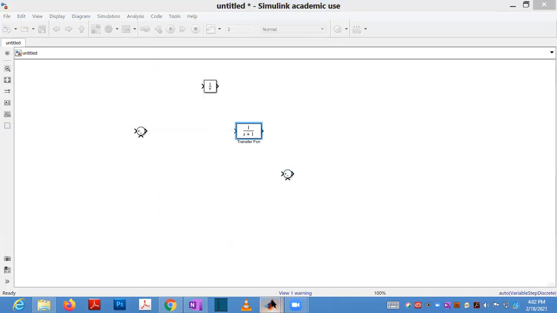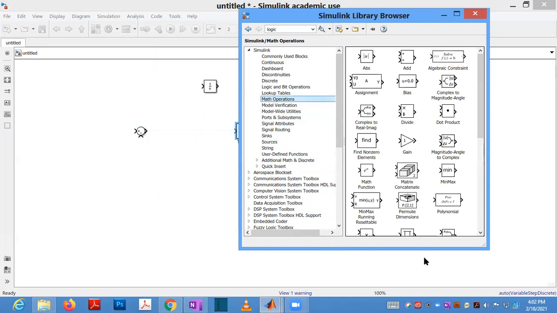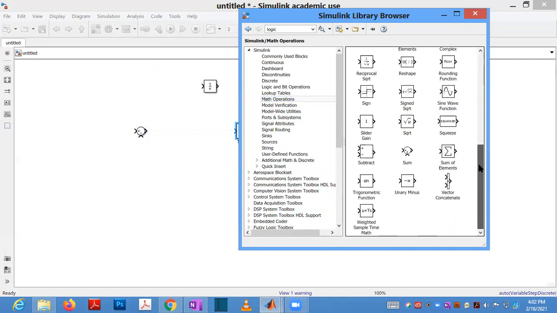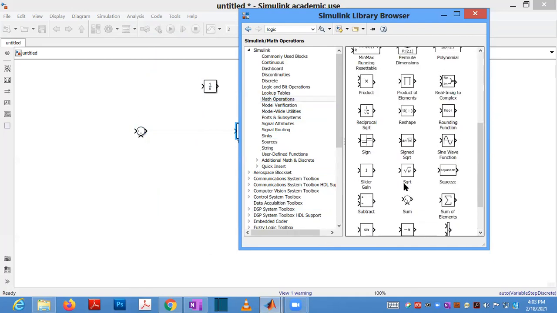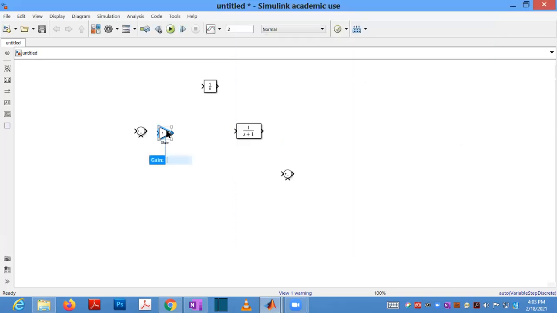And now you need 4 gain blocks. Gain blocks are in the math toolbox. Right click and drag it. Control I for flipping the blocks.